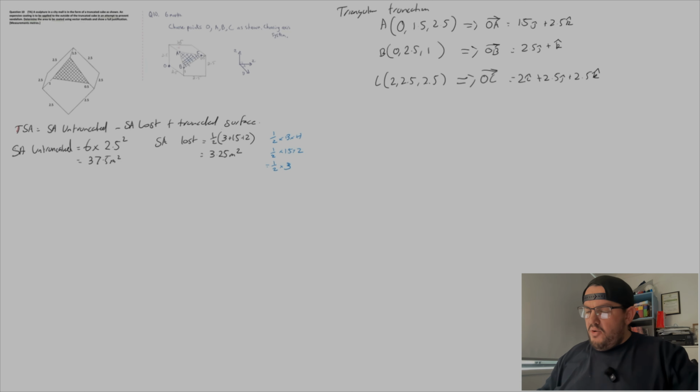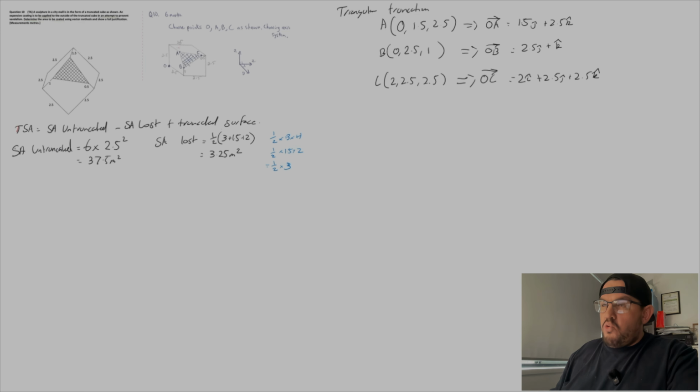Now, the area of a triangle when you've got 3 points is this.